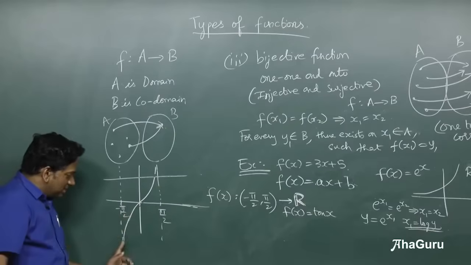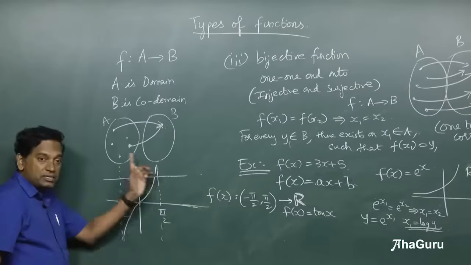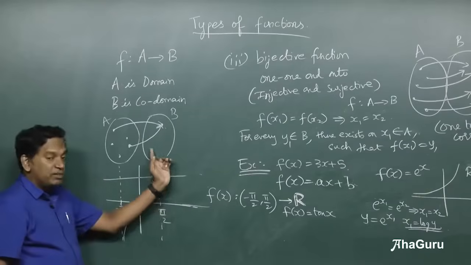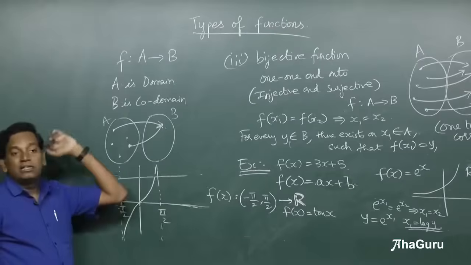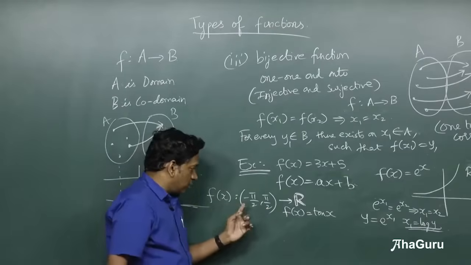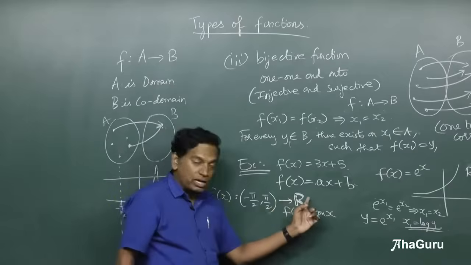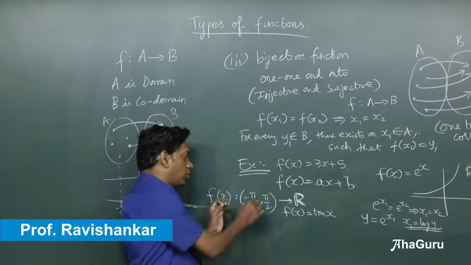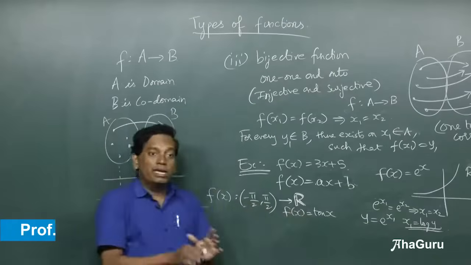So there is no jump or break in this function. Every single real value from minus infinity to infinity will be covered as part of this journey of tan x, and therefore we can say that f(x) going from -pi/2 to pi/2 to real numbers, tan x, is a bijective function. Of course, it depends on what the domain and codomain are.